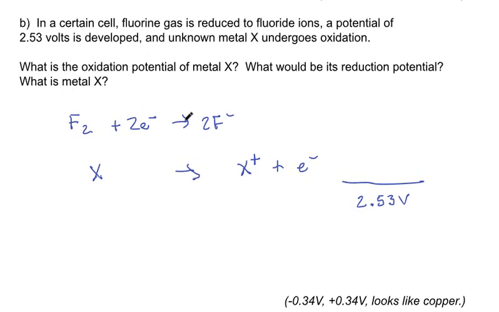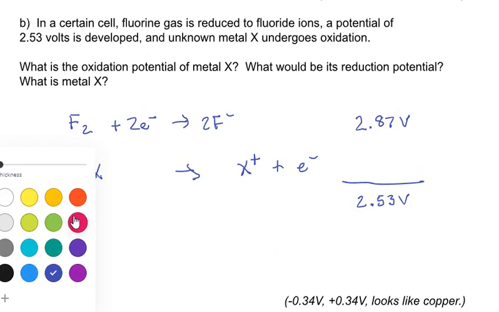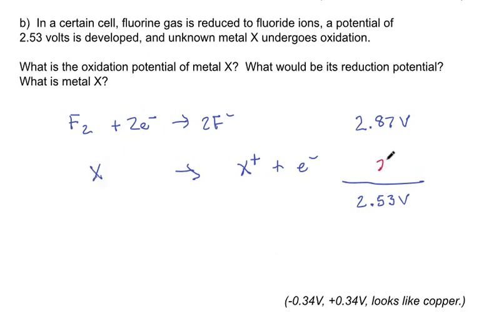Fluorine is in our data book, and it's the very top thing. This is the strongest oxidizer we know, and it would be producing positive 2.87 volts. So what are we getting from the reaction X? 2.87 plus X makes 2.53. X would have to be negative 0.32 volts for the math to work out there.